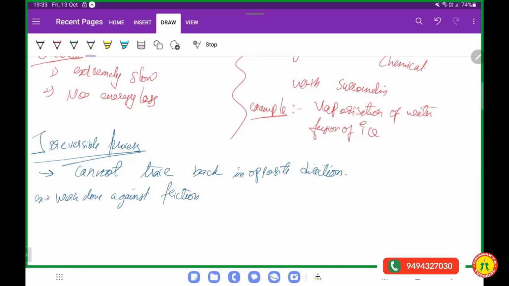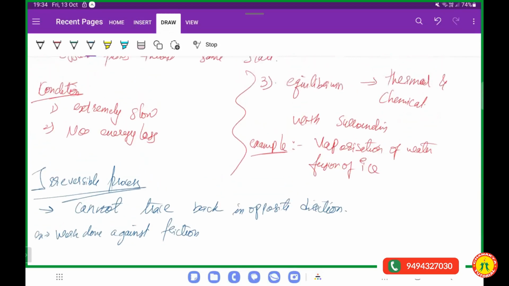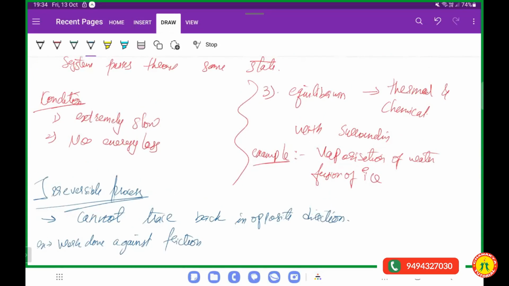Like loss of magnetism, that is also not reversible. So those are irreversible. Almost all processes are irreversible, except a few. These are easy things.